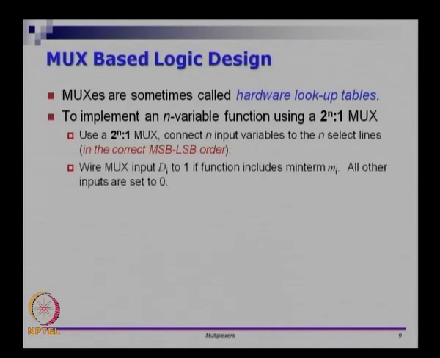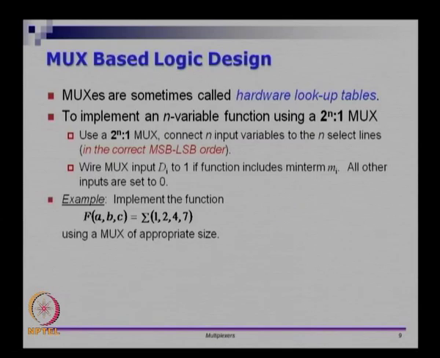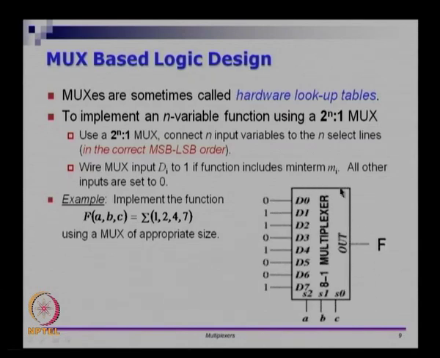So we will wire the mux in such a way that, let me show you the circuit. Let's take a small example. If you want to implement a function f of a, b, c, which is sigma of 1, 2, 4 and 7, let us see how to do that. I am going to take a multiplexer.